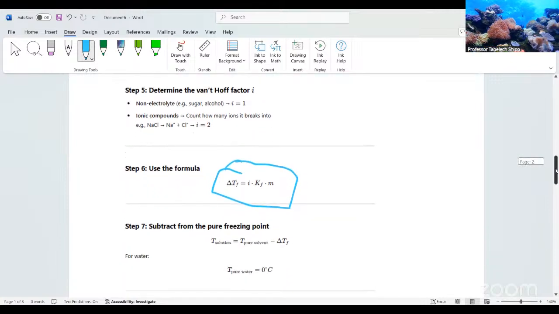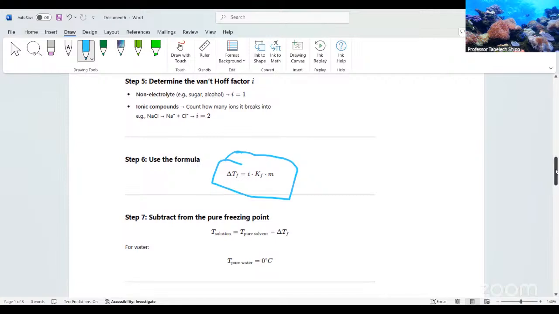In the event that you have to find the temperature of the solution, then you would take the pure solvent's temperature minus your delta T of F, which we just calculated. For pure water, it's equal to 0. And so that's why we tend to stop at step 6, unless otherwise noted.